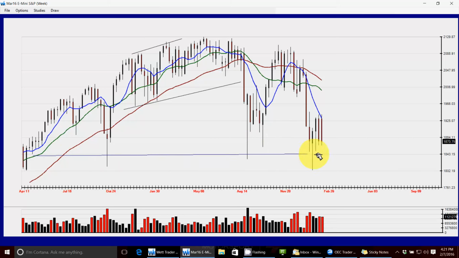Once again, this is a longer time frame. This here is telling me I got support here. We've hit this level October, August, and in January or December here, we could not close below 1843. We did make a lower low, though. So that's a word of caution.